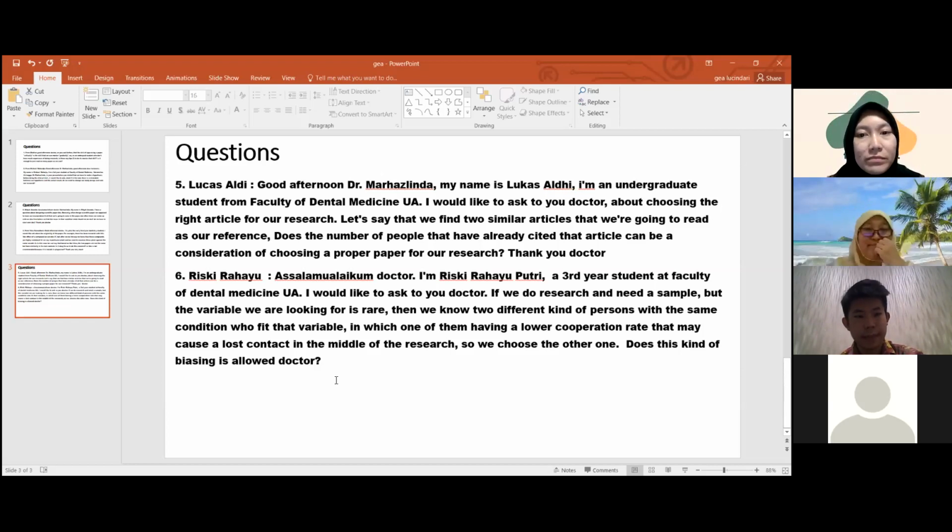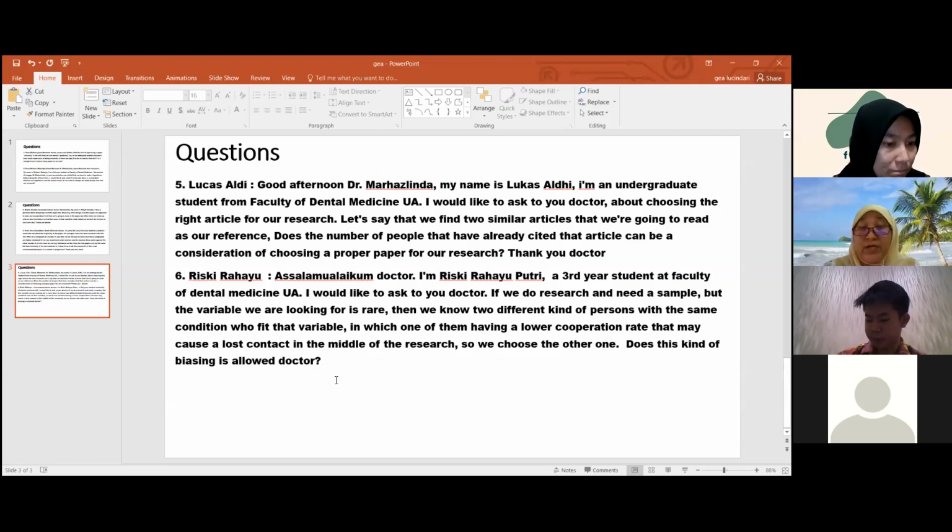Yes. Okay. Two different kinds of person with the same condition who fit that variable, in which one of them has a lower cooperation rate that may cause a lost contact in the middle of the research. So we choose. Okay, you can do this, but you must be transparent about how you select your sample. So you must tell in your method that you are excluding.